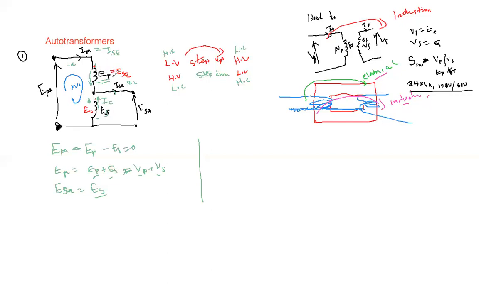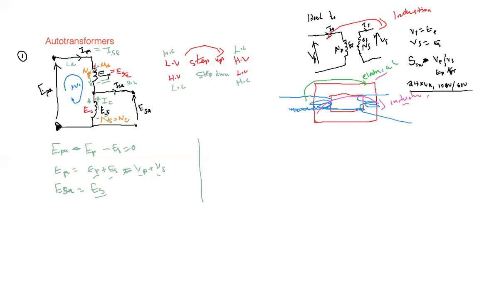Let me put the winding terms also so that I don't mix things. So here we have NS, which can also be called NC, common. And here we have NP, which can also be called NSE, series. So the winding that we have here is the primary winding.